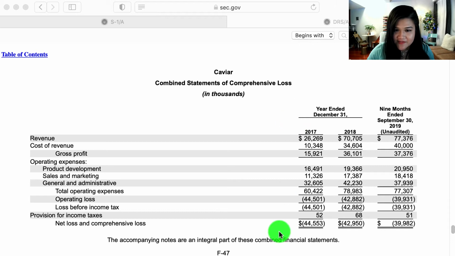In 2017, Caviar had a loss of $44.5 million. In 2018, Caviar had a loss of $42.9 million. And for the 9 months ended September 30th, 2019, which is right before the acquisition, Caviar had a loss of $39.9 million.